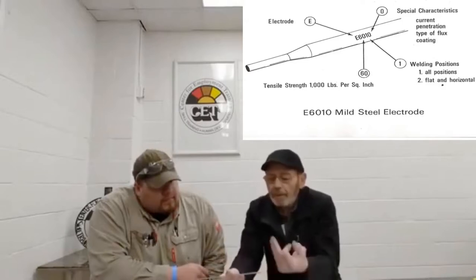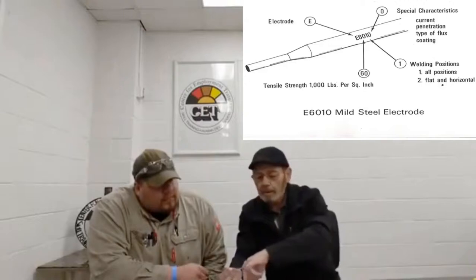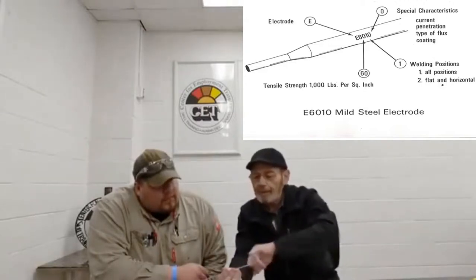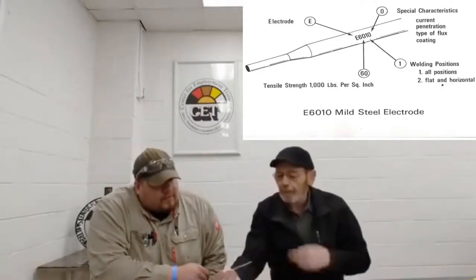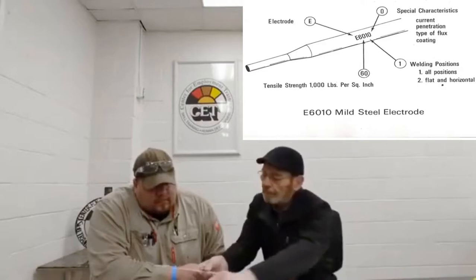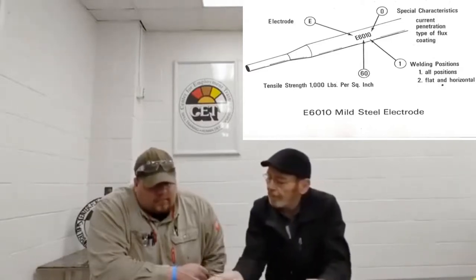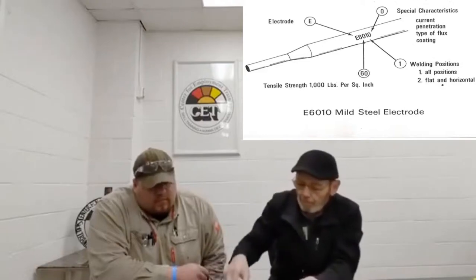Then we have two, if not three, numbers right before all the other information. This is called your tensile strength. On this one I have in my hand, this is a 6010. This one is a 7018. With this one being a 6013.